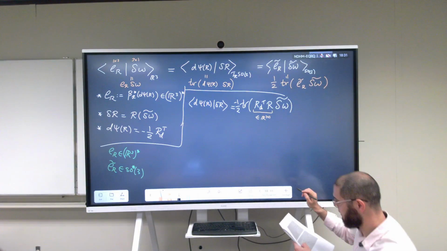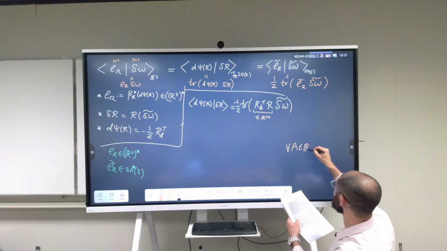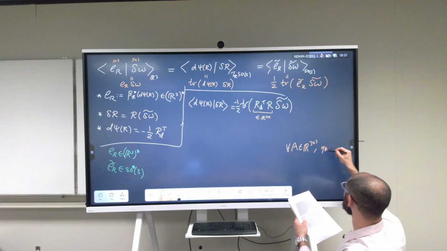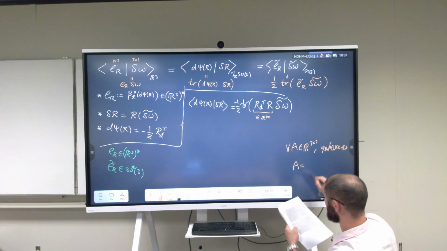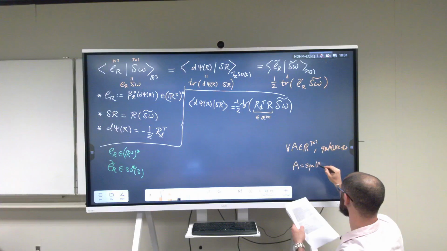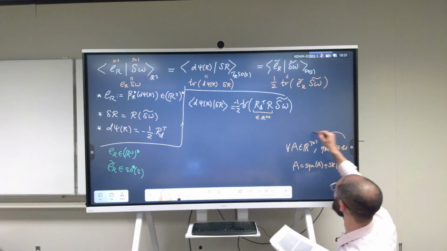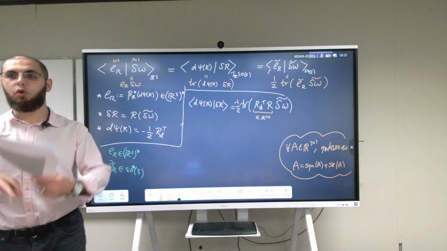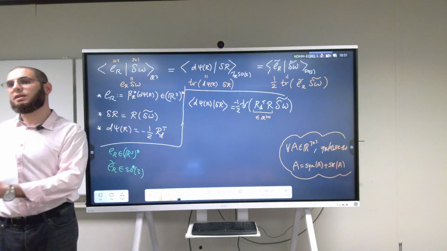It simply says that for any A matrix in 3 by 3, and actually in Rn by n, you can always write A as the symmetric part of A plus the skew-symmetric part of A. You can decompose any 3 by 3 matrix, any n by n matrix, into a symmetric part plus a skew-symmetric part.